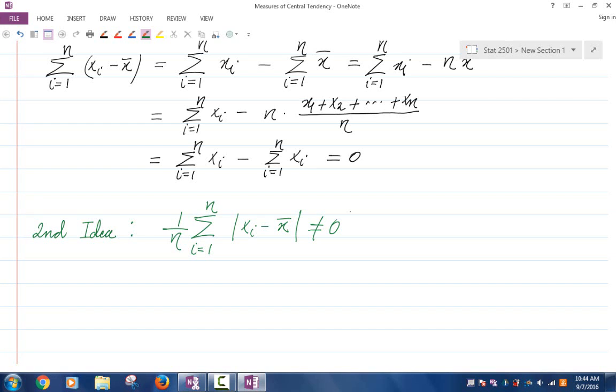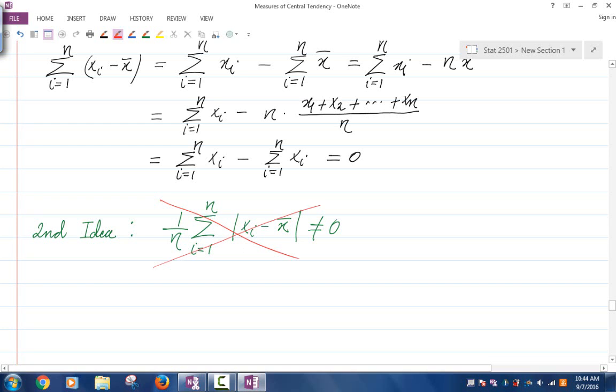I know I was, right? Absolute values are algebraically hard to manipulate. Because of that, we are going to forget about this measure.